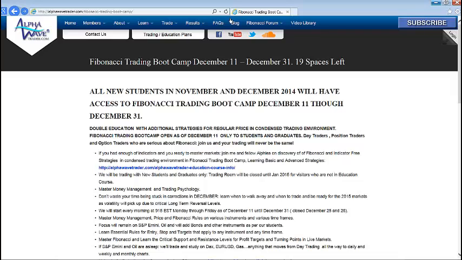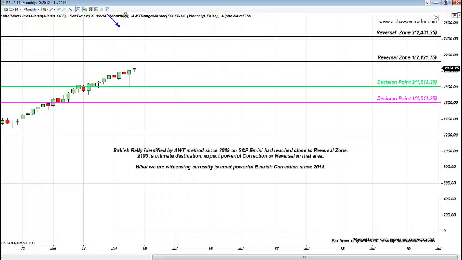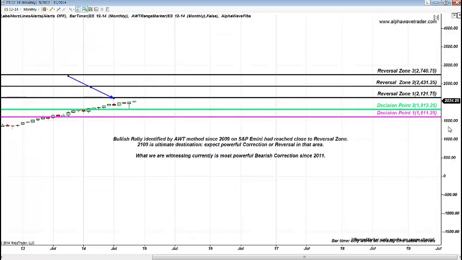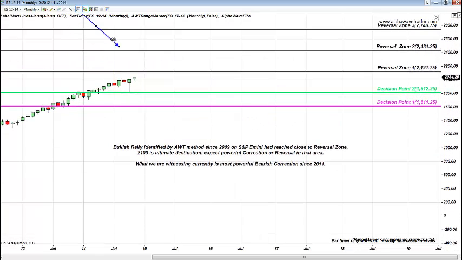Yes, Sandy, that's where we're heading next. Very crucial reversal levels across multiple charts. Next year it's going to be quite exciting. All you have to do is take a look at the monthly charts. Reversal zone is not far off. Are we going to get a bearish correction or a bearish reversal? That remains the key.